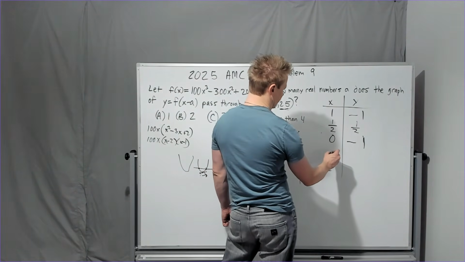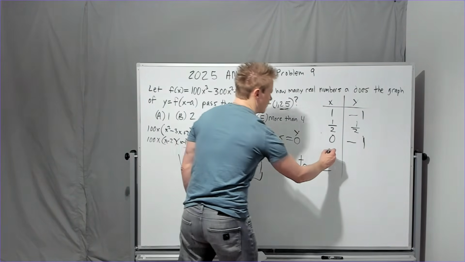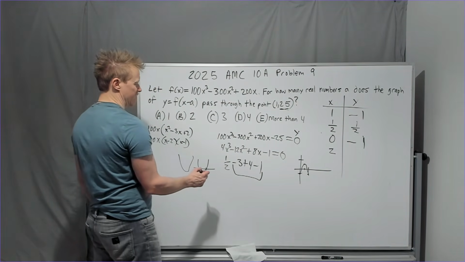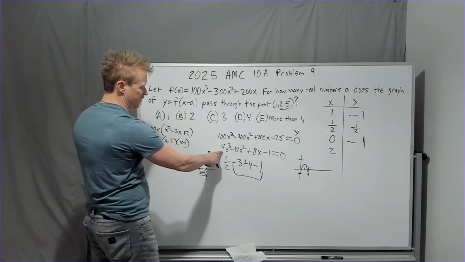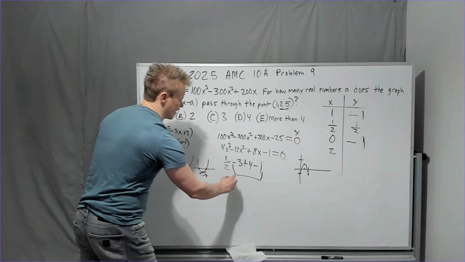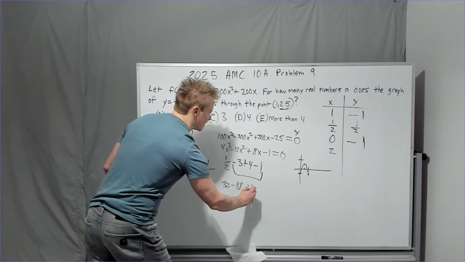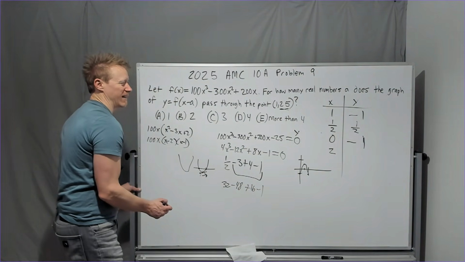If I go to 2, I'm going to plug in 2 and see what happens. So if I plug in 2, you're going to get 4 times 8, which is 32. Negative 12 times 4 is negative 48. 8 times 2 is 16, minus 1 again.